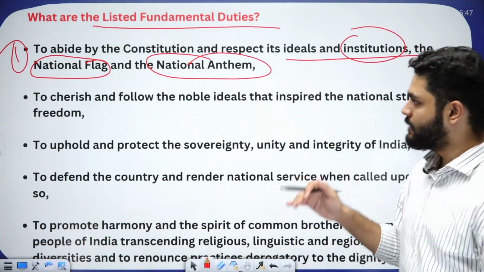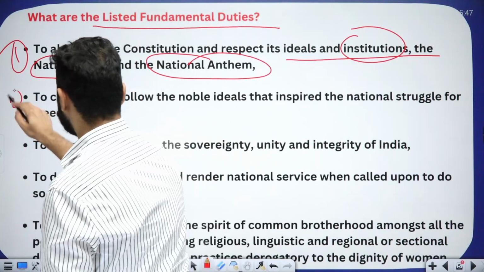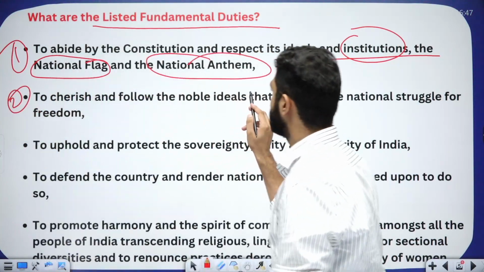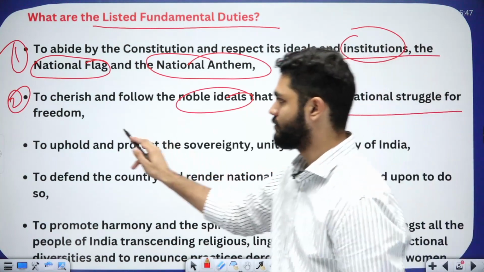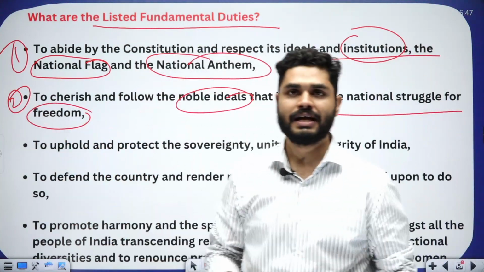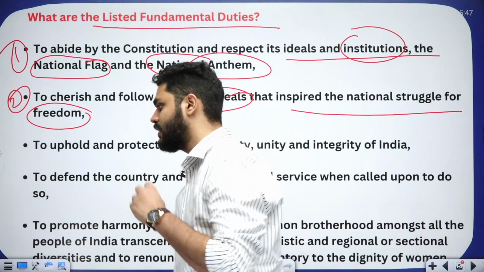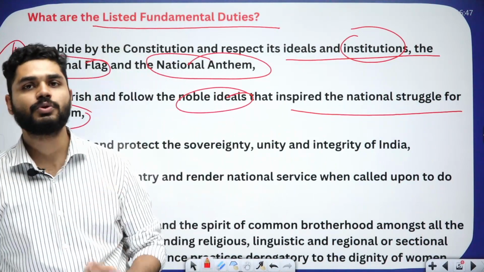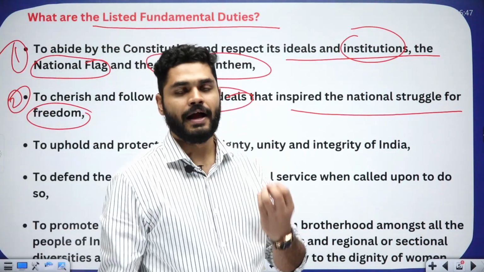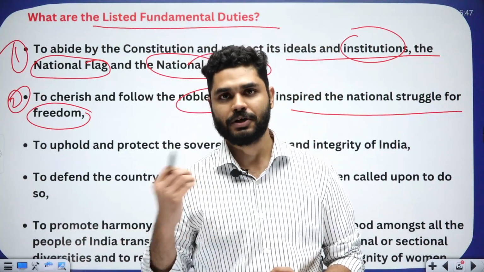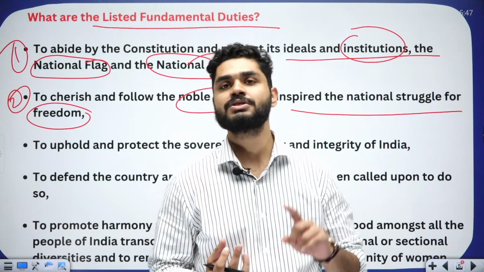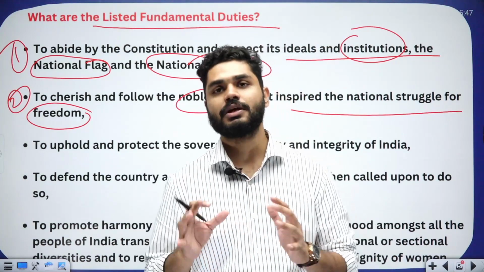The second point is to cherish and follow the noble ideals that inspired the national struggle for freedom. We were under British rule for almost 250 years, and to get freedom from that rule, there were some ideas on which our freedom struggle was based.